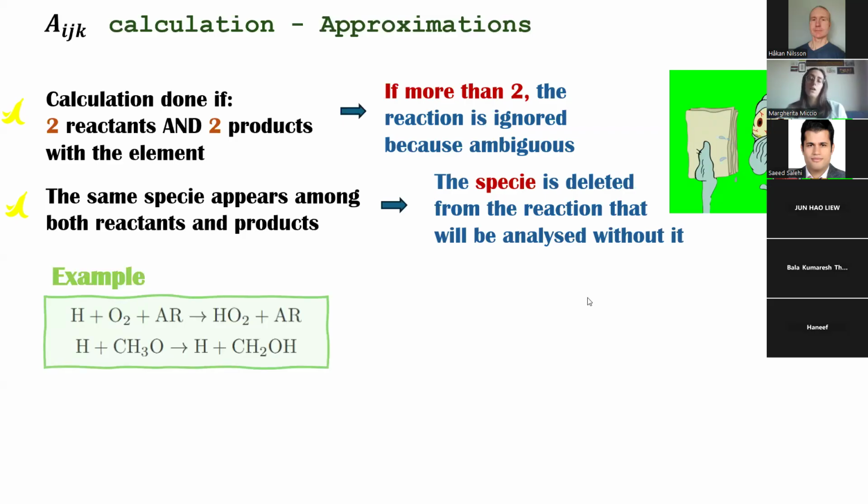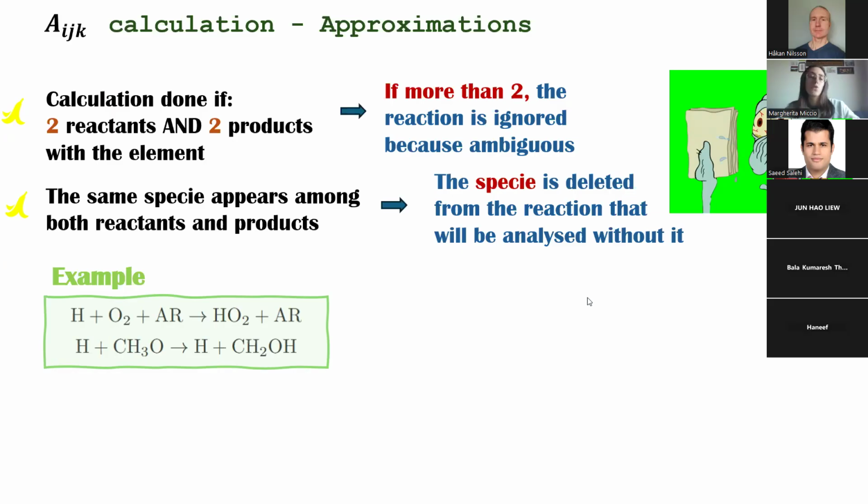If in the reaction we have a third body, which is not really having a change of molecular fragment, for example the argon in this reaction, this element, but in general it can be a molecule, can be deleted from the reaction.